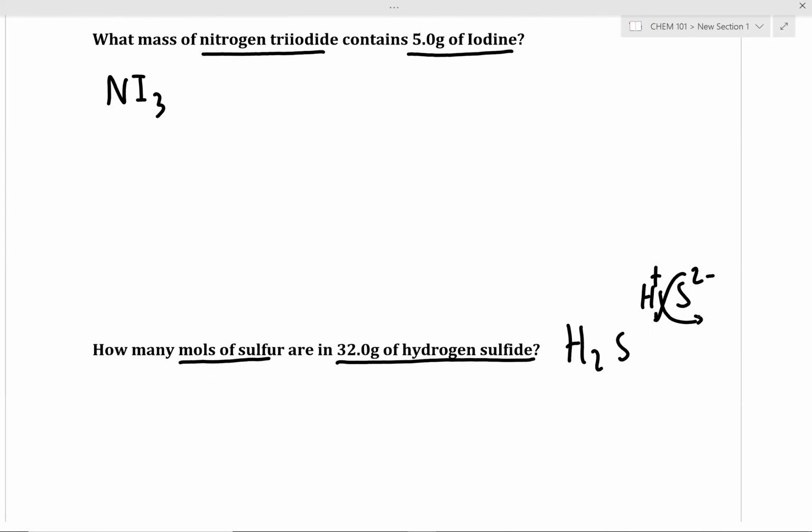Everything going okay? And then we're given not the grams of nitrogen triiodide, but the grams of iodine to start with. So then the grams, it's grams of iodine. So you're going to have to do one more step in the conversion.